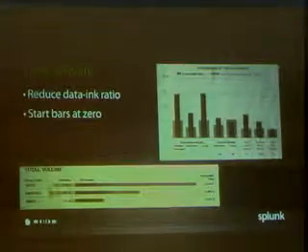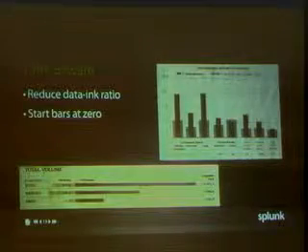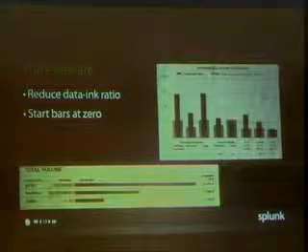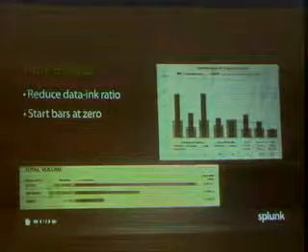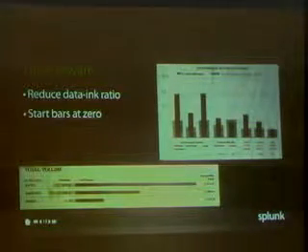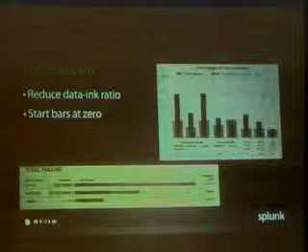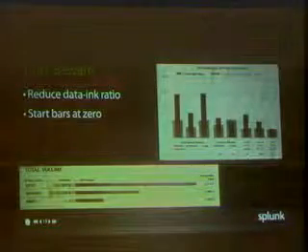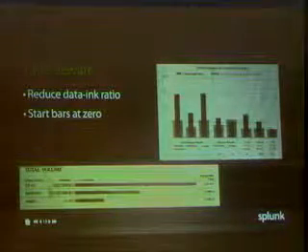One of the things that Tufte preaches is that you should reduce the data ink ratio. What does that mean? Well, if you have to print a certain graph on a printer, there's a certain amount of ink you use. Every drop of ink that you use to print non-data on that graph is wasted. So you should only use ink to actually illustrate the data.